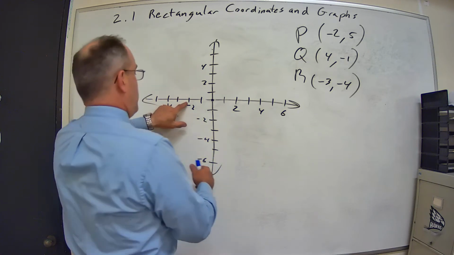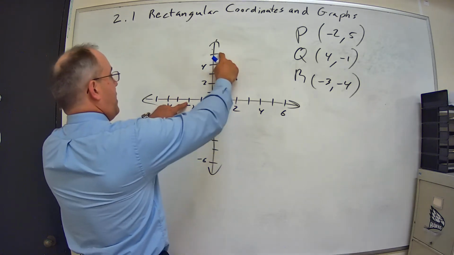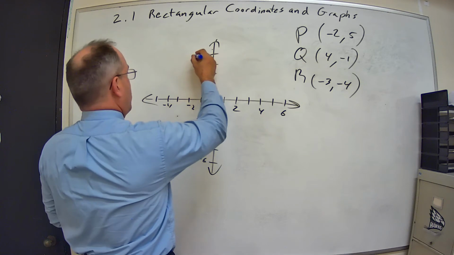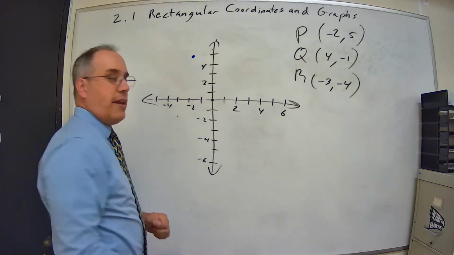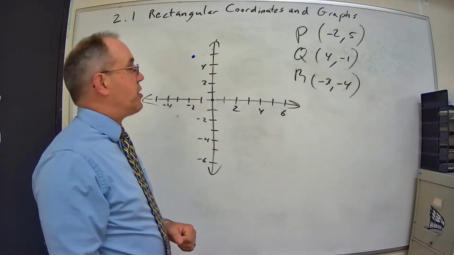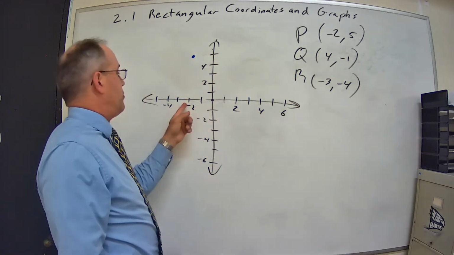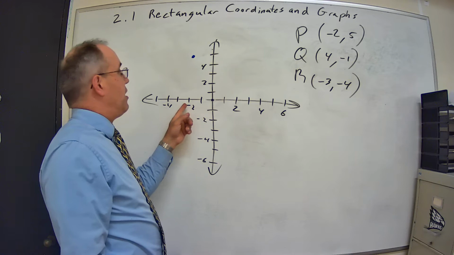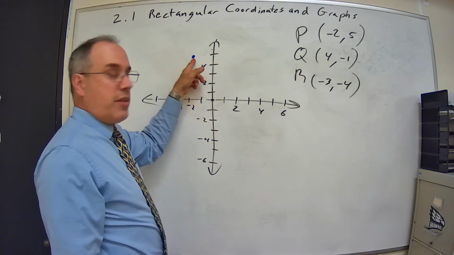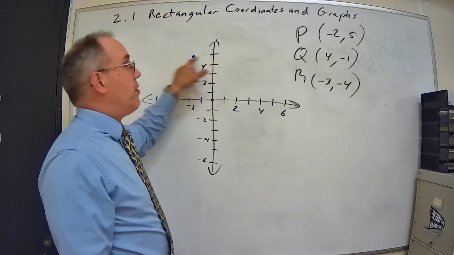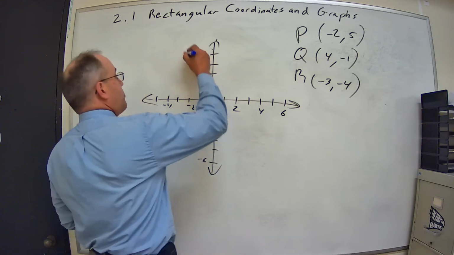So notice we went to -2, we go up to +5, and where they meet, that is our point. So you can think of it as someone told us to go 3 blocks to the west, and then 5 blocks north. That's where we end up. That's where it put us, and that's point P.